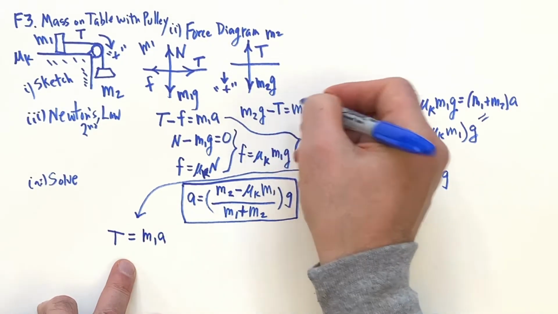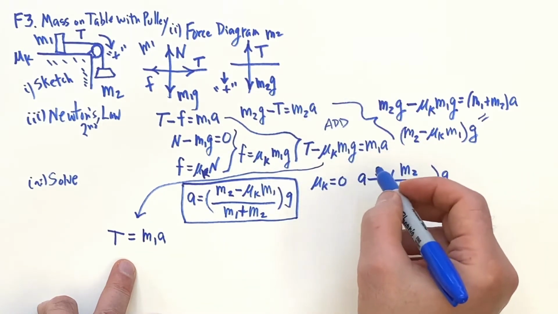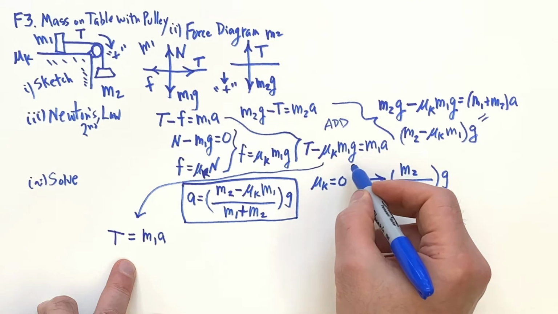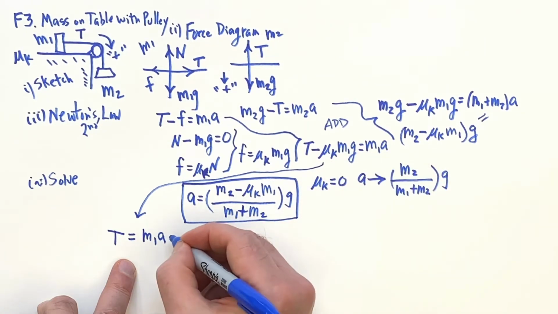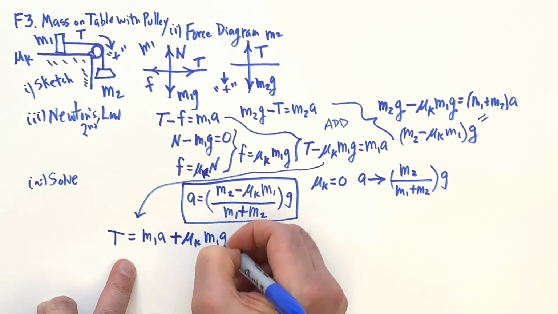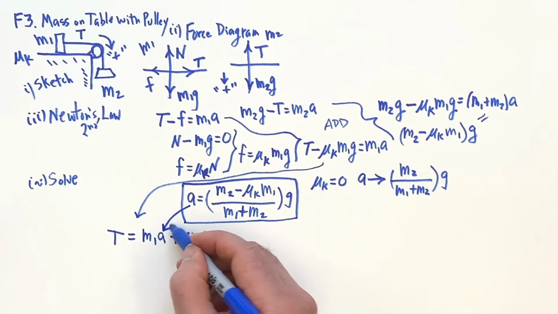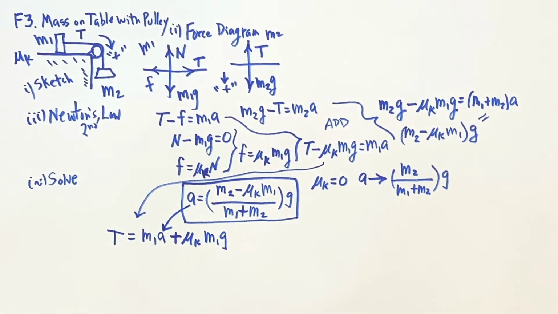You could use the one with the M2, but I'm going to use this one. I get then M1A plus mu K M1G. And then we have to put in for the acceleration this term and then do the algebra.